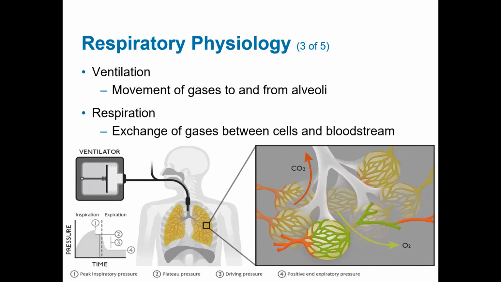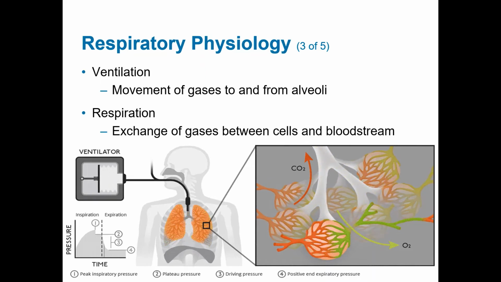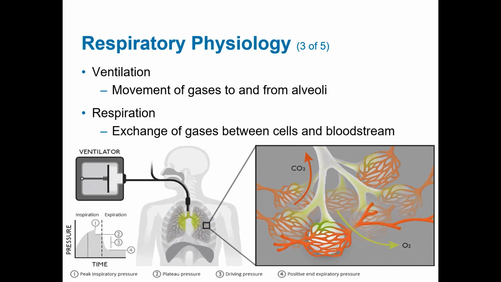What happens is, through a process of diffusion, the O2 gets diffused across the capillary bed into the arteries, and takes the oxygen to the heart, where it then gets distributed through the body.